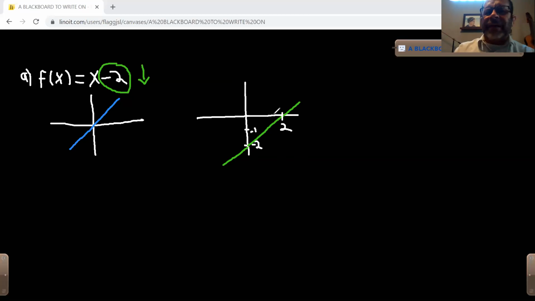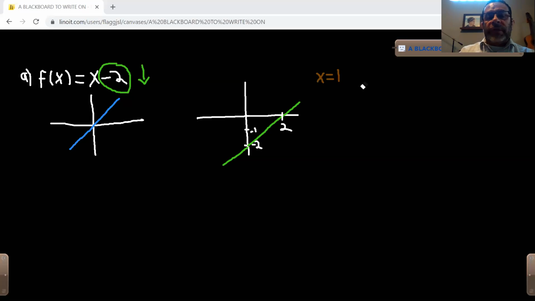However, let's demonstrate that. If we wanted to demonstrate that, let's choose a number. I'm going to choose x equals 1 and x equals -1. Let's see what happens first with x equals 1.